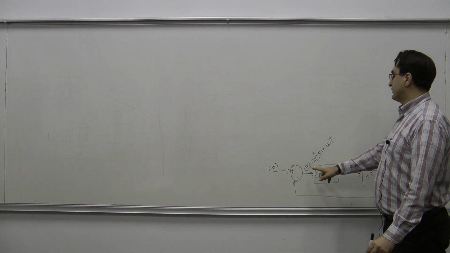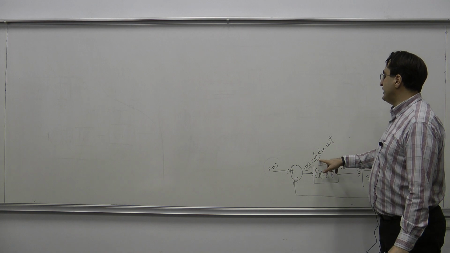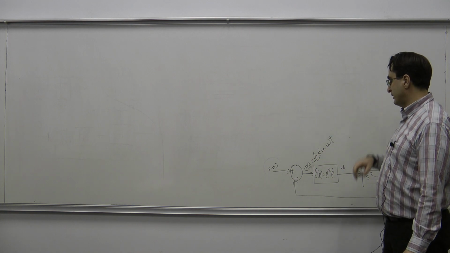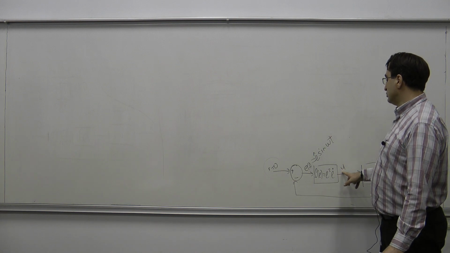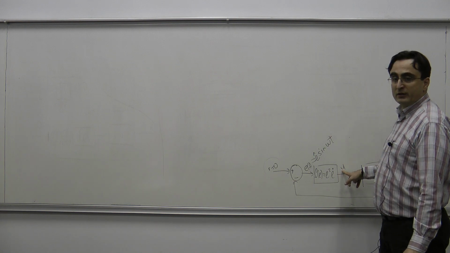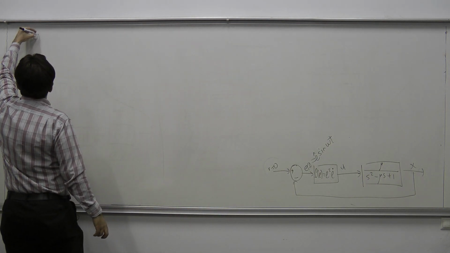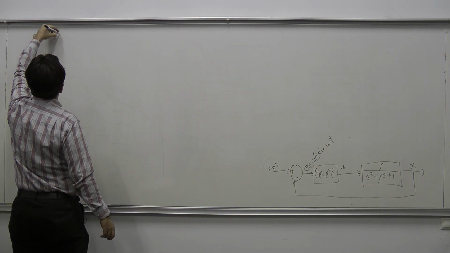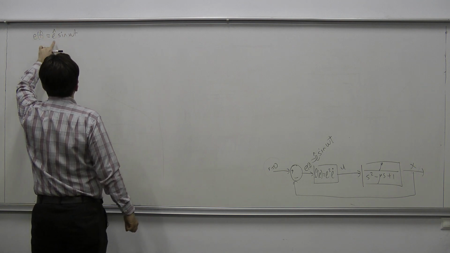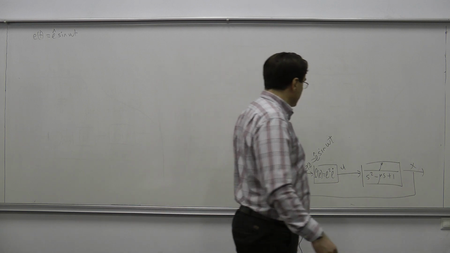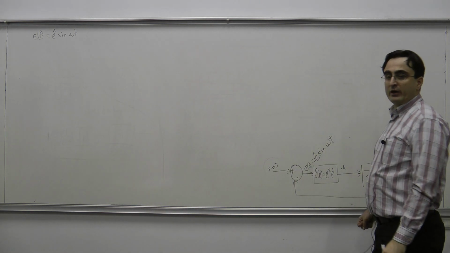I will assume that E of t is E hat times sine omega t, a pure sinusoidal oscillation, and then I will look at U of t. So let me write E of t is equal to E hat sine omega t. E hat is the amplitude of the oscillation, and omega is the frequency of the oscillation in radians per second.